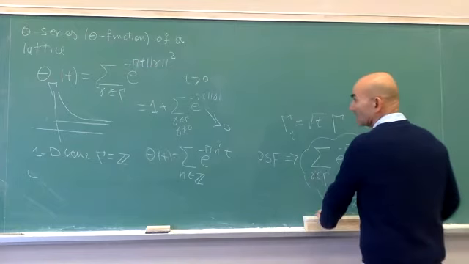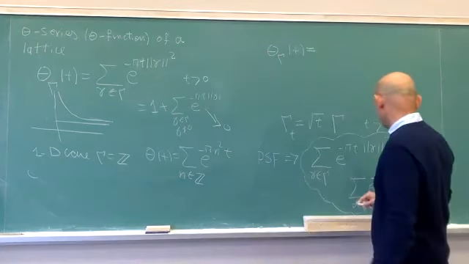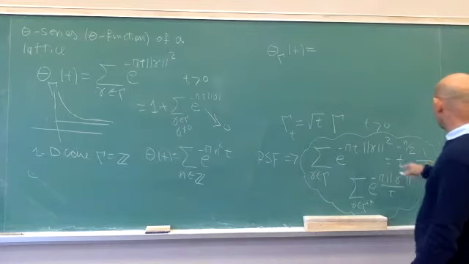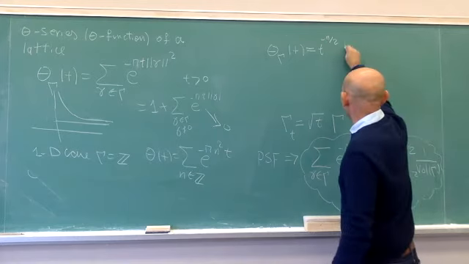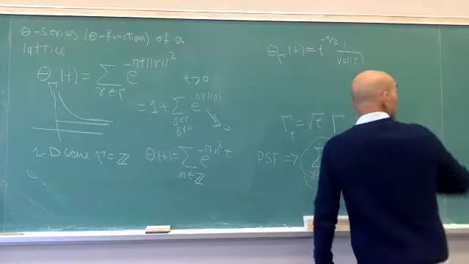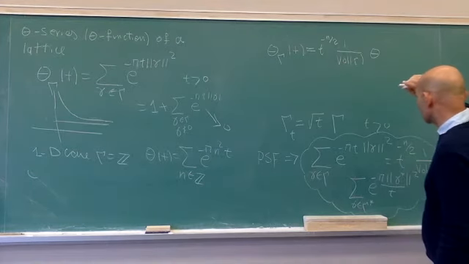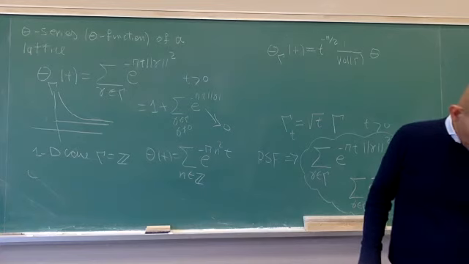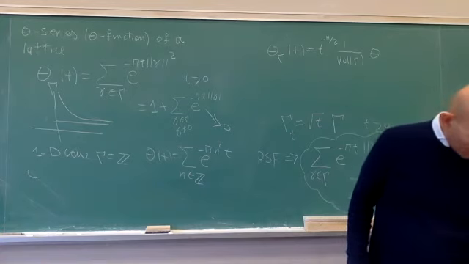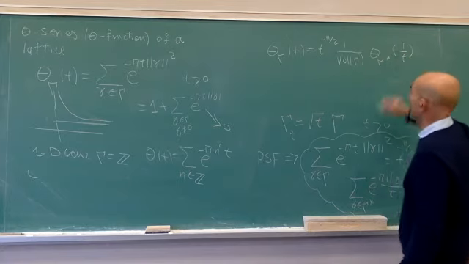It's telling the following: theta gamma of t is equal to t to the power minus n over 2, times 1 over volume of gamma, times theta of some expression here, I don't want to spend any time on that, theta gamma star of 1 over t. Yeah, this is the formula, right?